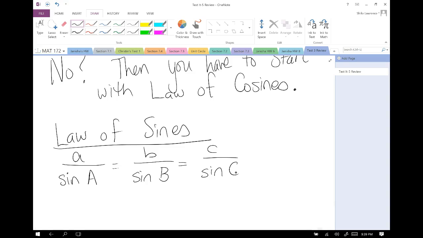So we could do the A's equal the B's, or the A's equal the C's, or the B's equal the C's. And our goal is to set it up between 2 of them so that 3 values are known and 1 value is unknown, so that we can solve for that value. So that's why we have to have a matching pair, because we have to know 3 of the values, which means one of the fractions is going to be complete.